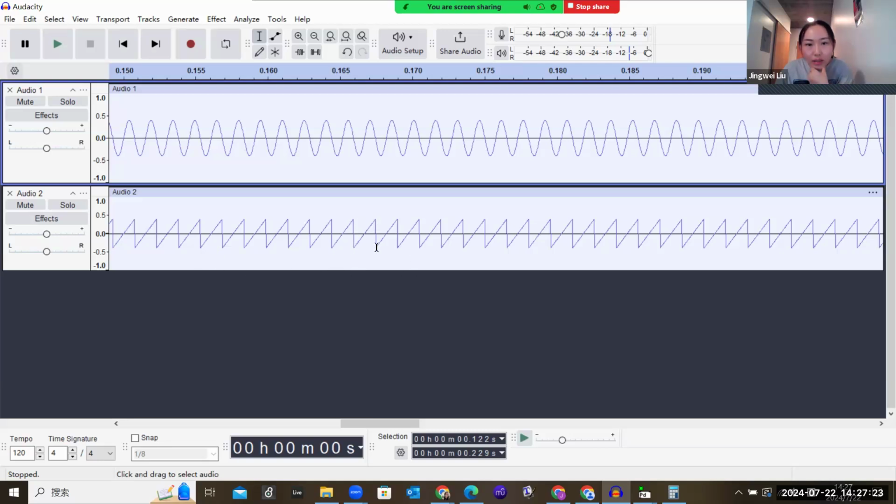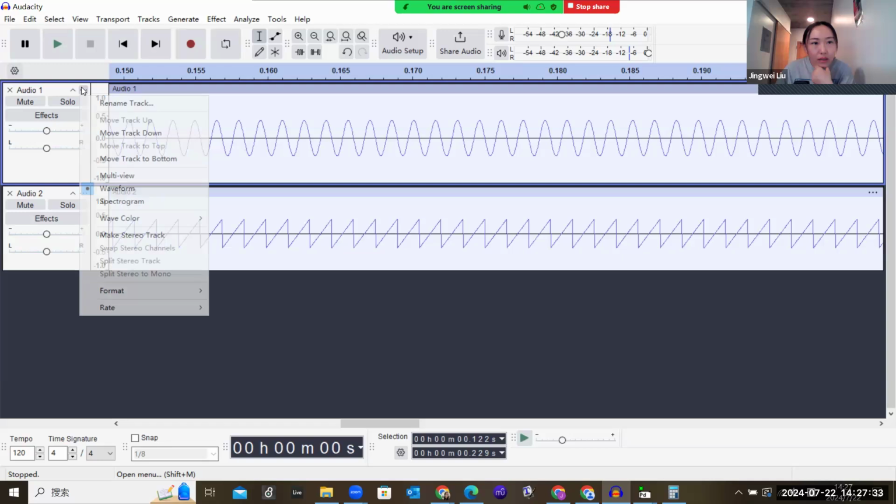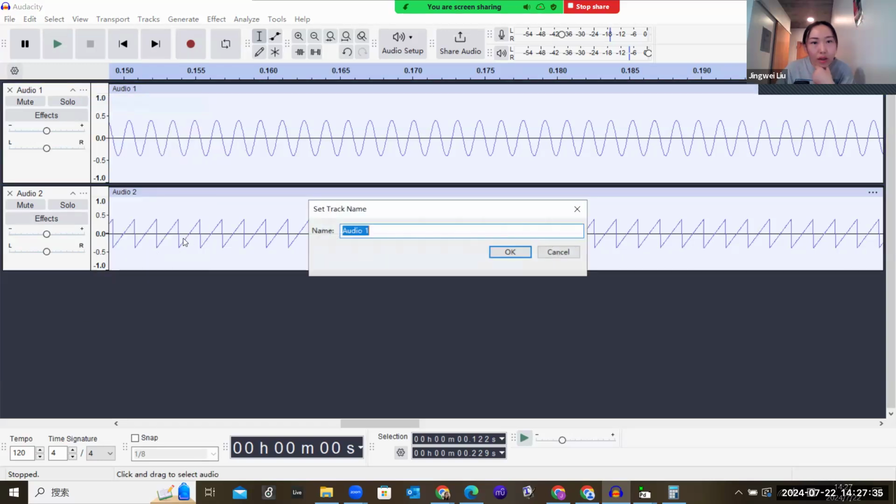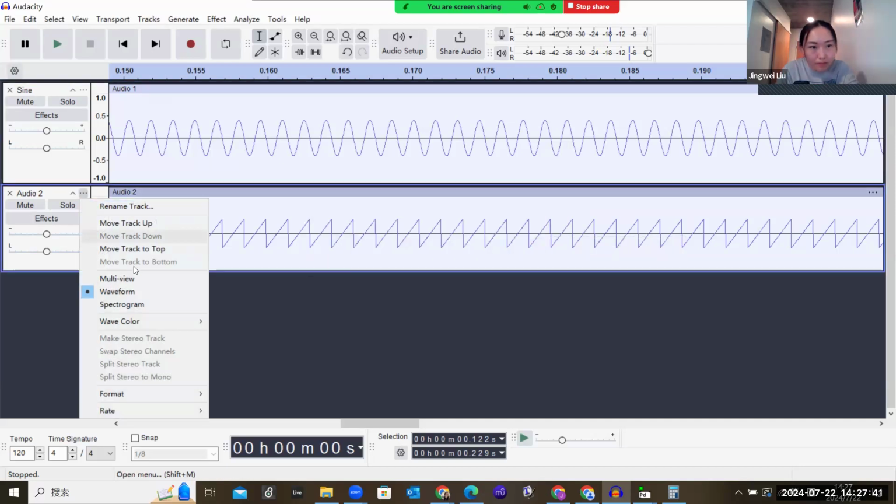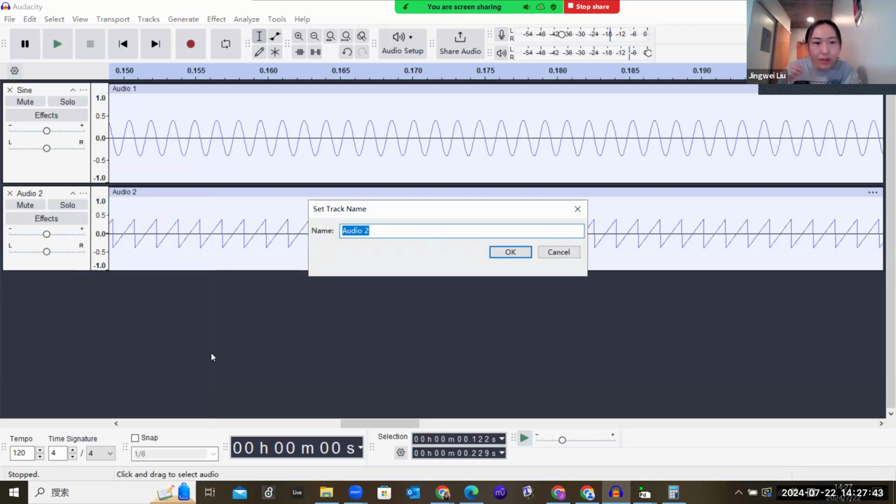So this is just a ramp line, up and go back, up and go back. Okay, let me rename this track to sine. Rename this to sawtooth.